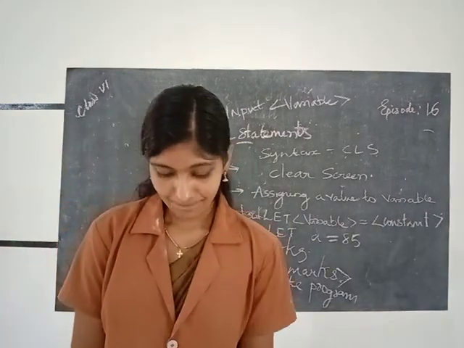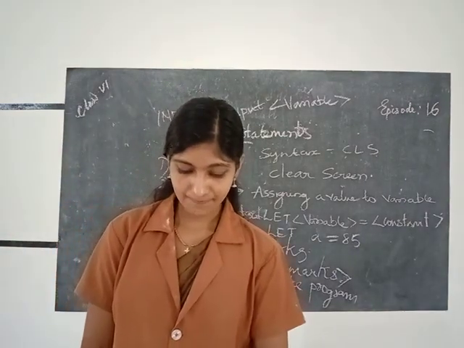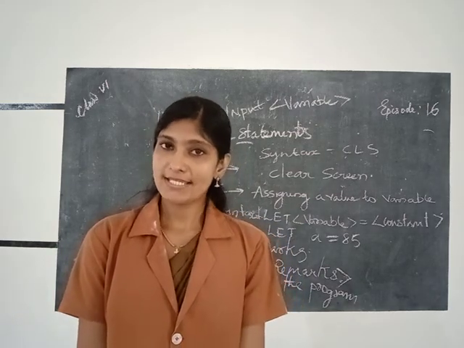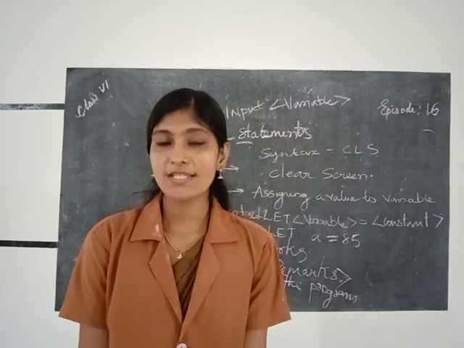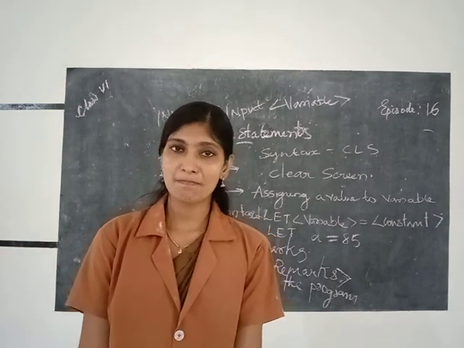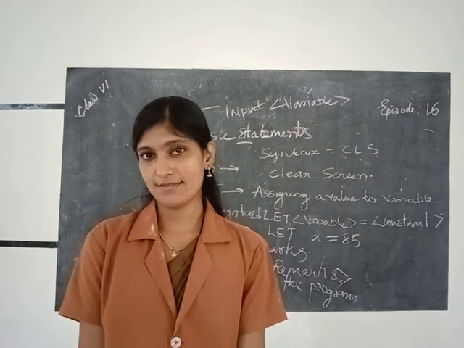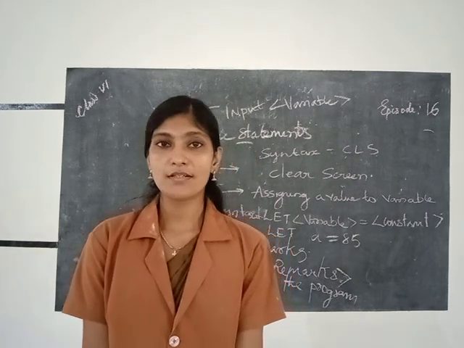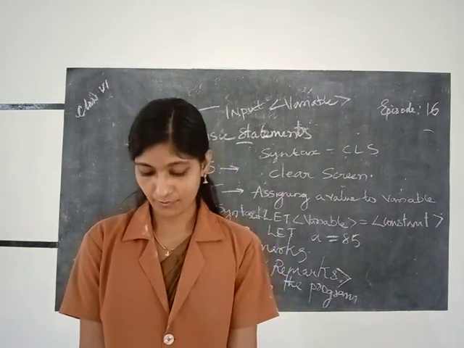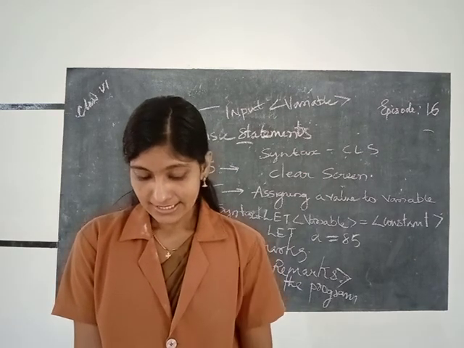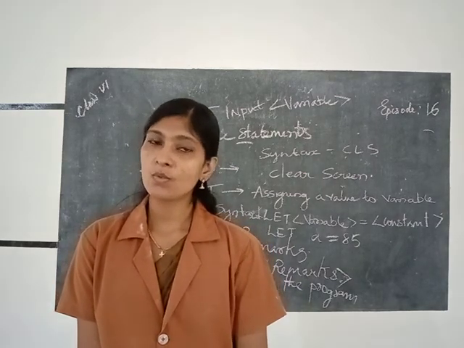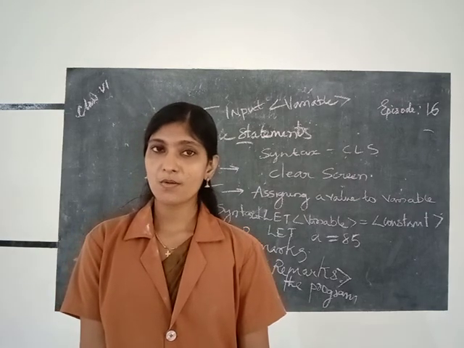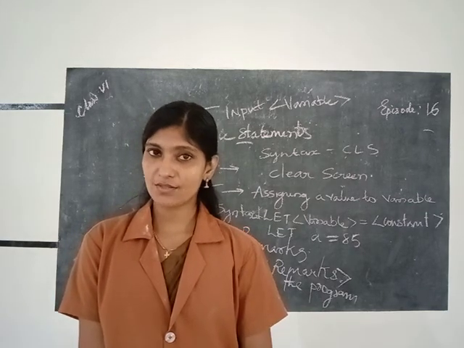So once again, at first we discussed what is BASIC programming language. A programming language is simply a set of instructions that tells the computer what to do or what to perform. And here QBASIC: Q indicates Quick, and BASIC means Beginner's All-purpose Symbolic Instruction Code.